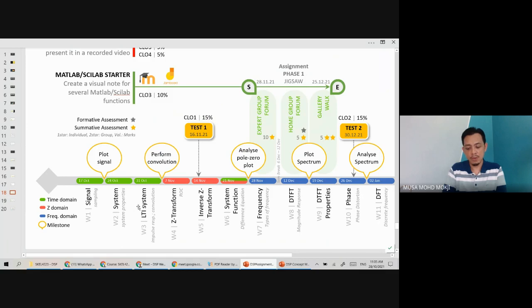Next week we will go to a new chapter on LTI systems, which are linear and time invariant systems. Remember that next week is already week 3, so we will have test 1 in week 5. We are very close to the first test.